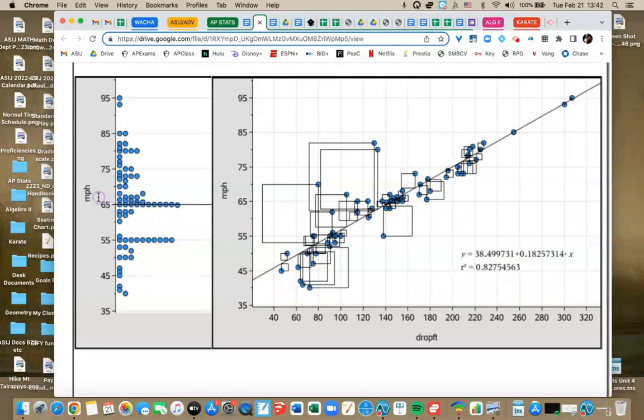So over here, this is that roller coaster drop and miles per hour, right? Before we associate the miles per hour with the drop in feet, we had variation to begin with. Maybe the average was 65 miles per hour, but we had variation. We had some that were faster, we had some that were slower.